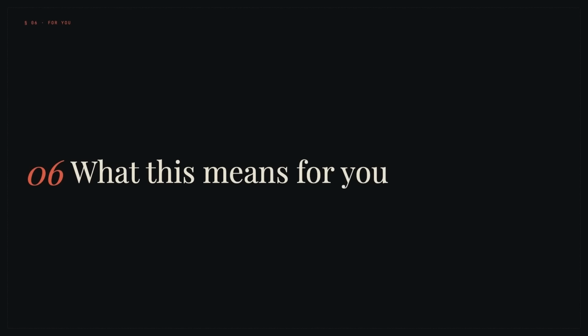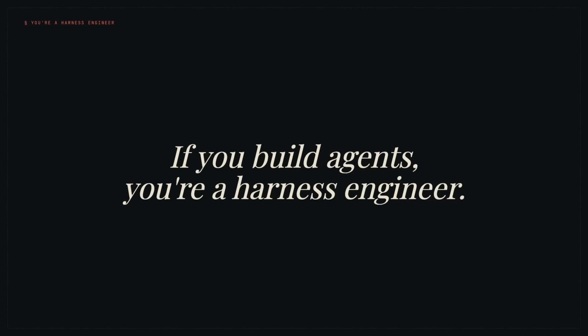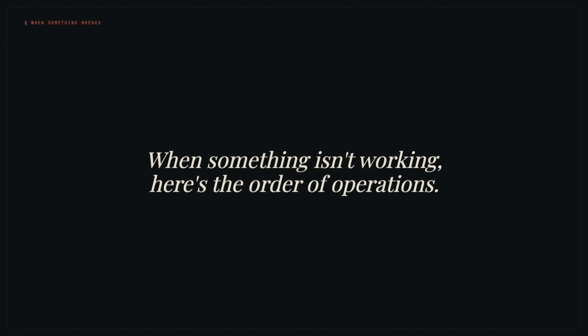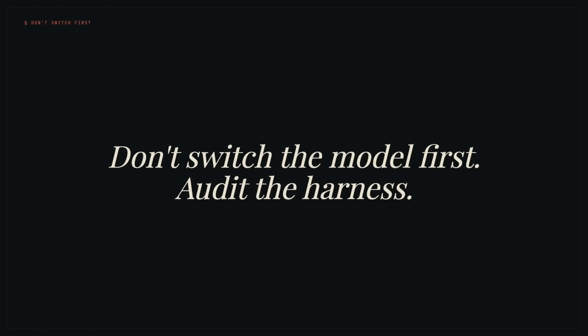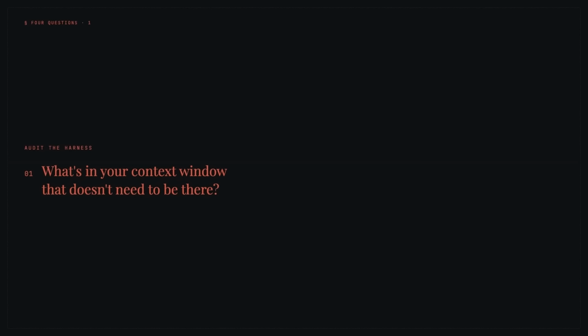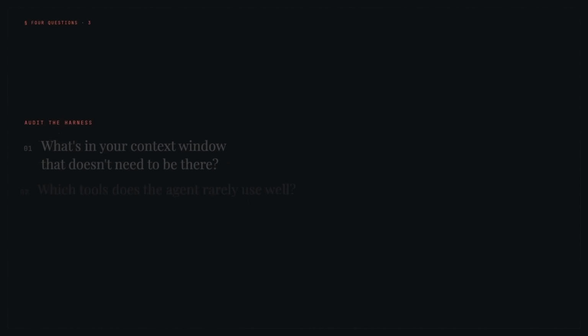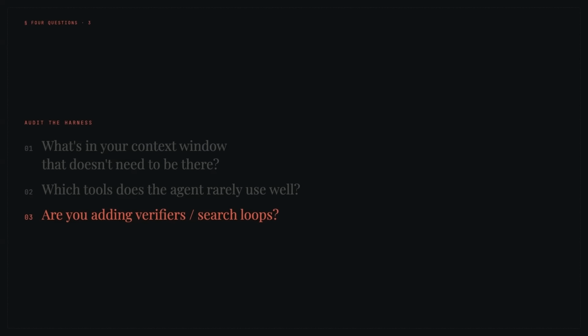Now, if you're building an agent, you are a harness engineer, whether you call yourself one or not. So when you run into something that is not working, here is the order of operations I would suggest. Don't switch the model first. Audit the harness. And here are 4 questions that you can ask yourself. 1, what's in your context window that does not need to be there? 2, which tool do you have that the agent rarely uses well? 3, are you adding verification or search loops that might be hurting performance, like the Tsinghua University found?